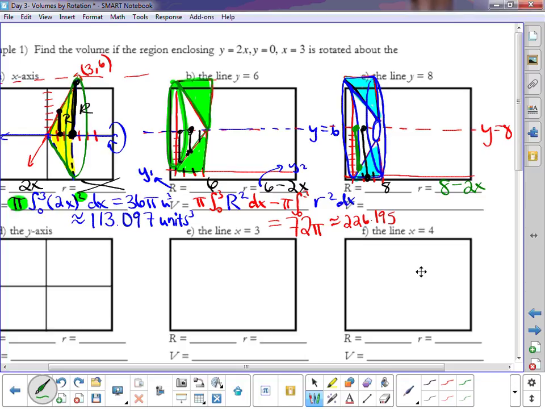Right. So our volume once again will be pi. What are we going from? What are our bounds? 0 to 3. Still 0 to 3. Pi integral from 0 to 3 of big R squared dx minus pi integral from 0 to 3 of little r squared dx. Alright, go ahead and punch it into your calculator, see what you get. I like terms of pi, so let's leave it in terms of pi.